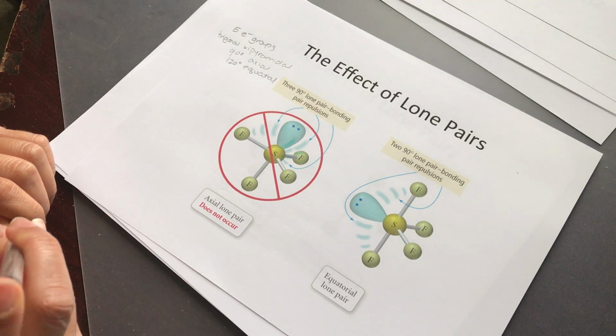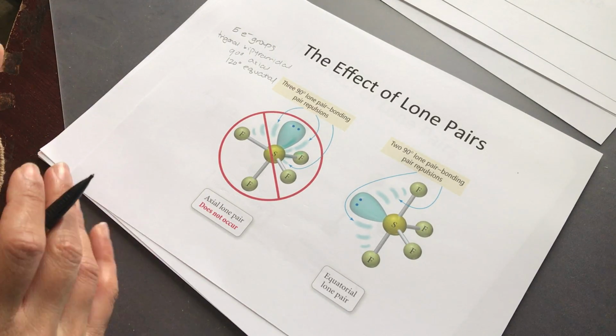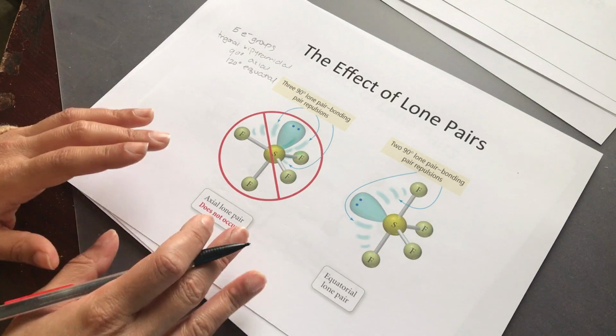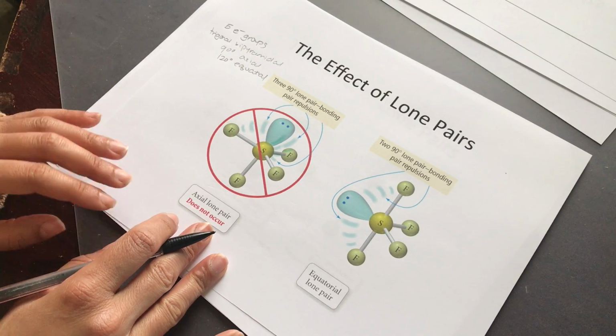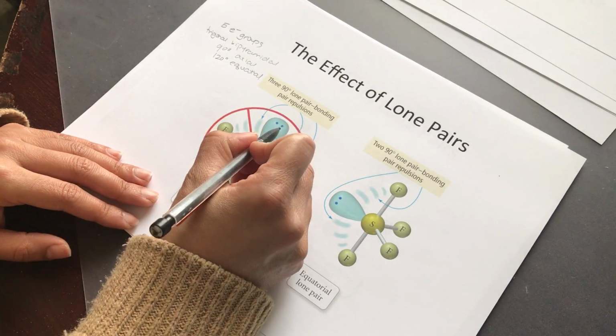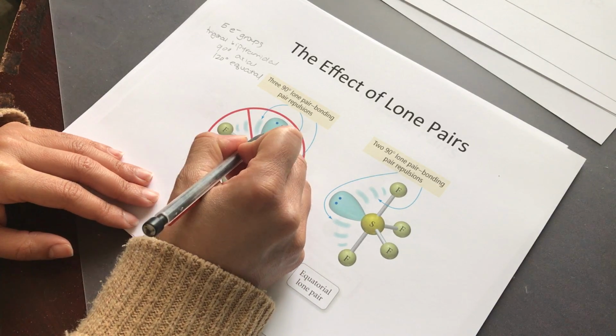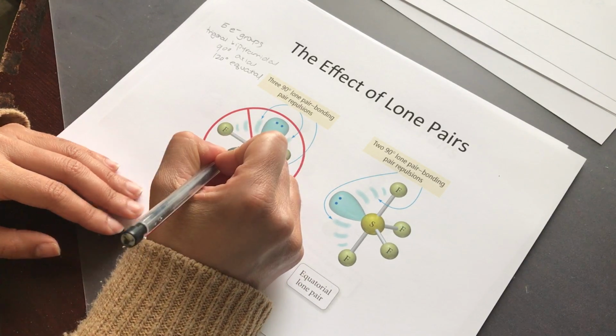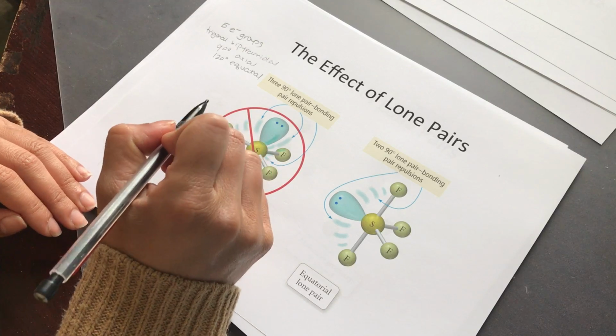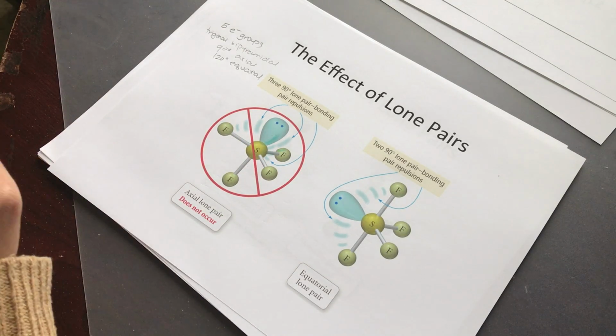Okay, however, when it's not just 5 bonds, it changes. So if you have 5 electron groups, 1, 2, 3, 4, 5, but one of them is a lone pair, then your molecular geometry is a little bit different.